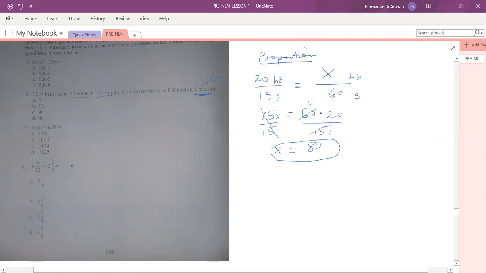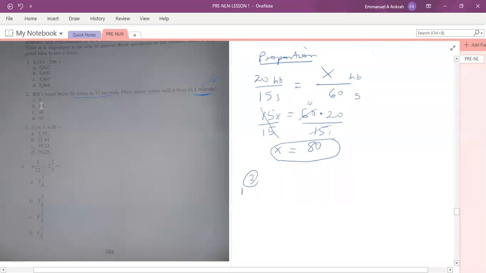But what do you do if you don't have a calculator? You can multiply without a calculator. You multiply the numbers without the decimals, and then you move the decimal places. Everybody's okay with that? Number 3, you can just use a calculator for that.